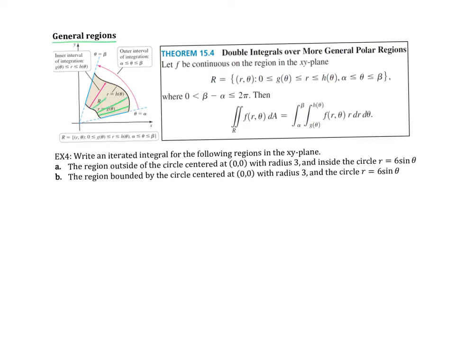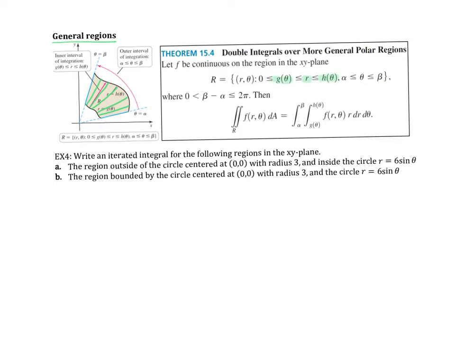The distance changes as we go around, because the two curves are not the same distance apart from each other, which means our r values are not constant. In this case, our r values are going to be some function of theta.